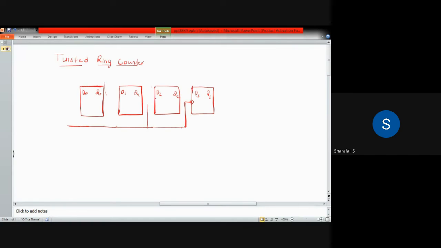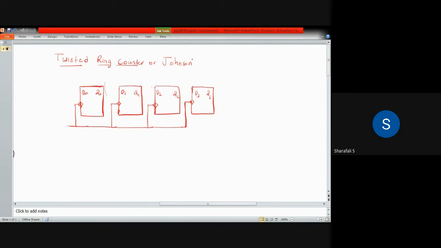This is the twisted ring counter, also called Johnson's counter.